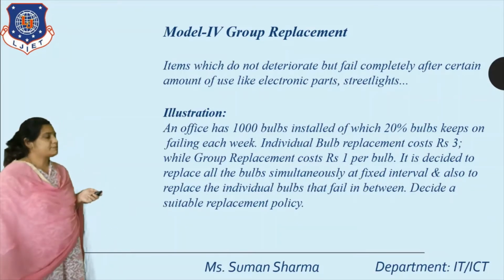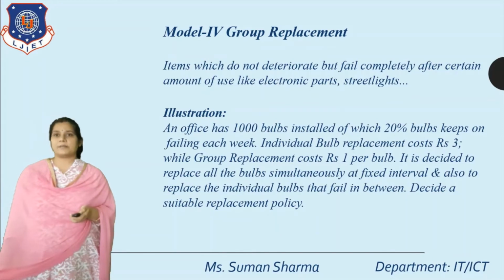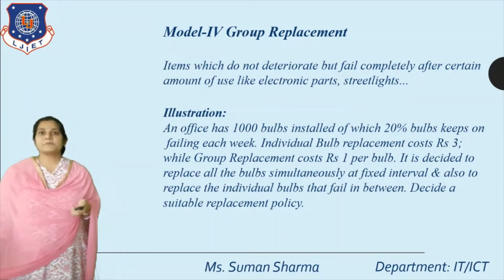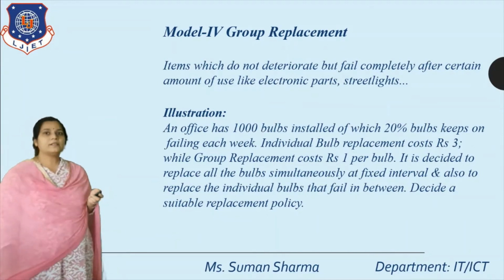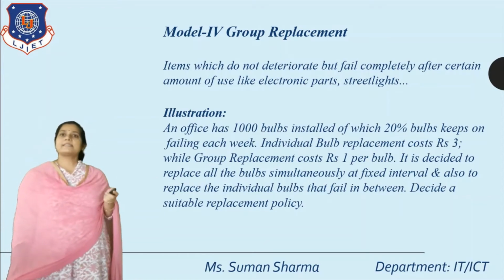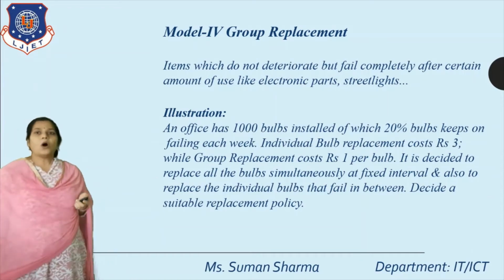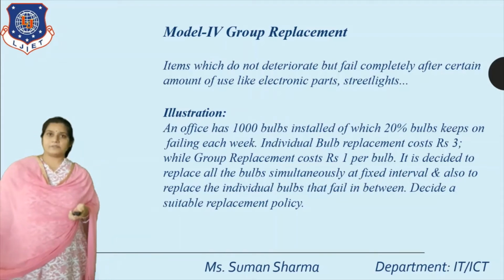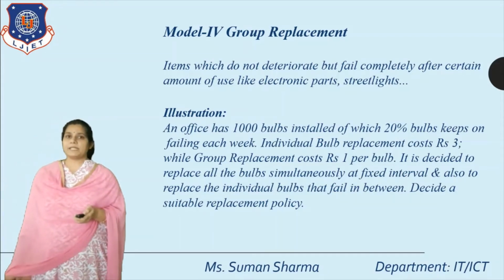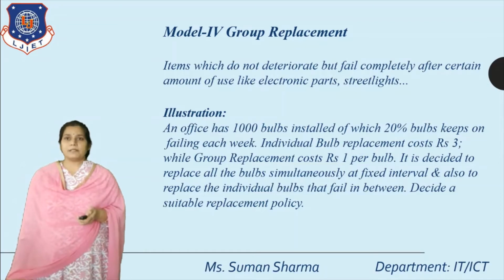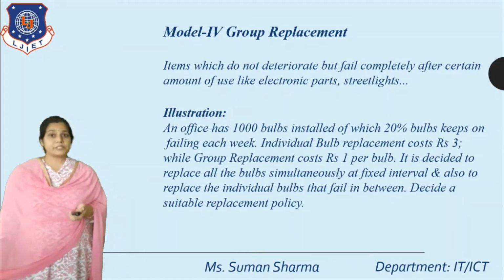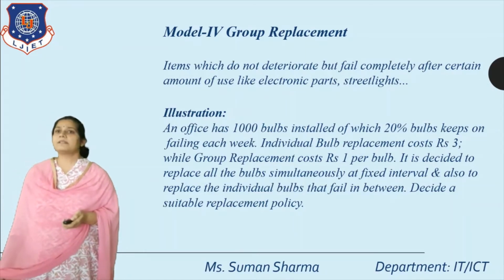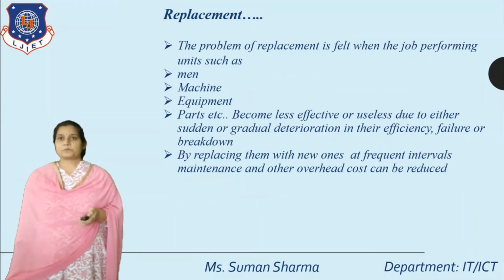Individual bulb replacement cost is rupees 3, while group replacement cost is rupees 1 per bulb. It is decided to replace all the bulbs simultaneously at a fixed interval and also to replace the individual bulbs that fail in between. Decide a suitable replacement policy.